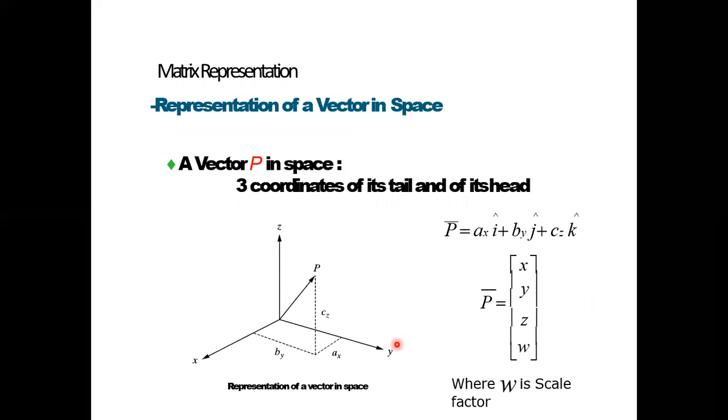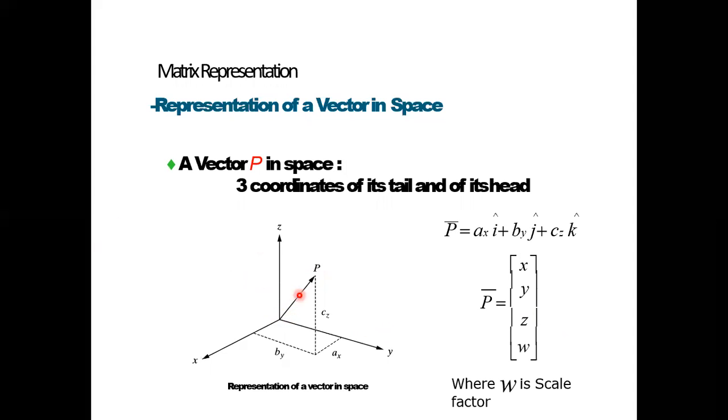Next, representing a vector in a space. That is where we are going to define it. The P vector will be X, Y, Z with the W, where W is the scaling factor. For a standard coordinate system, the scaling factor will be 1 if it is from the origin. If you are using only the three values, X, Y, Z, then the W value will be 0.